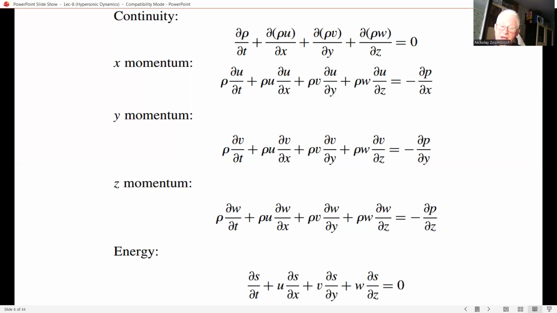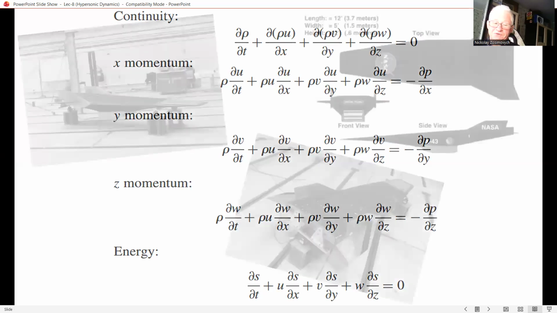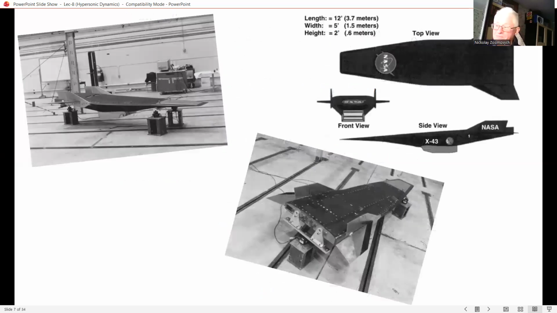In many respects, for the calculation of hypersonic flows, this is where the rubber hits the road. When you finish this lecture, you will be much closer to the calculation of the hypersonic flow over a vehicle such as the X-43, as you can see in this slide. That is what is exciting about this lecture.